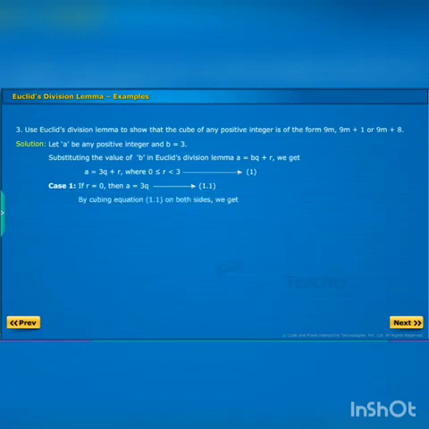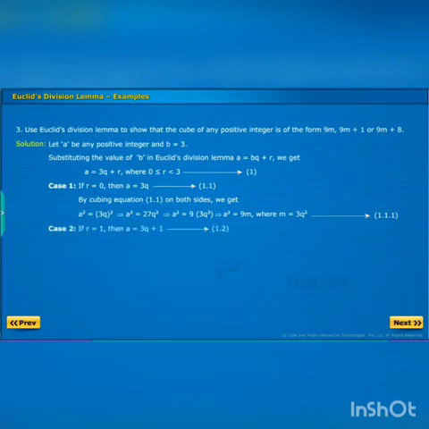By cubing equation 1.1 on both sides, we get a cube is equal to 3q cube, which is equal to a cube equal to 27q cube. That is in turn equal to a cube equal to 9 into 3q cube. That is, a cube is equal to 9m, where m equal to 3q cube, that is equation 1.1.1.